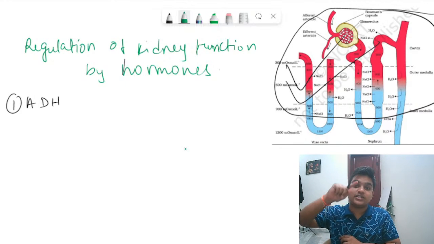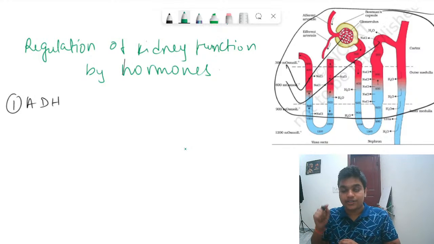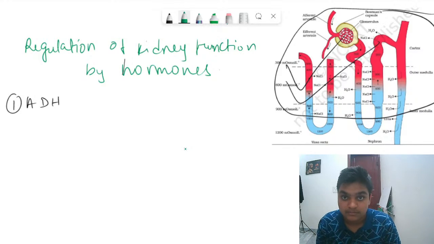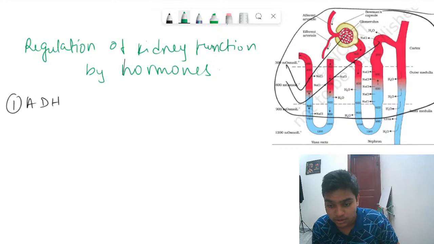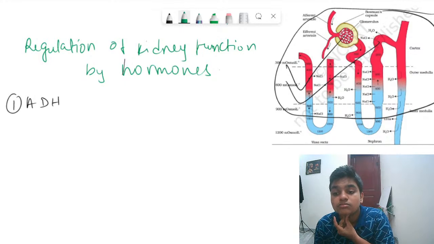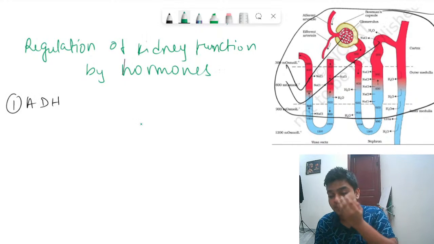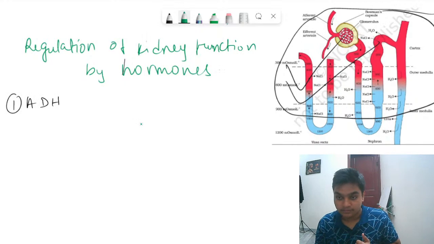We have discussed the function of ADH, that ADH is the antidiuretic hormone which is released by, come on, tell me. Yes, by the hypothalamus. It is secreted by the hypothalamus and stored in the posterior pituitary gland.